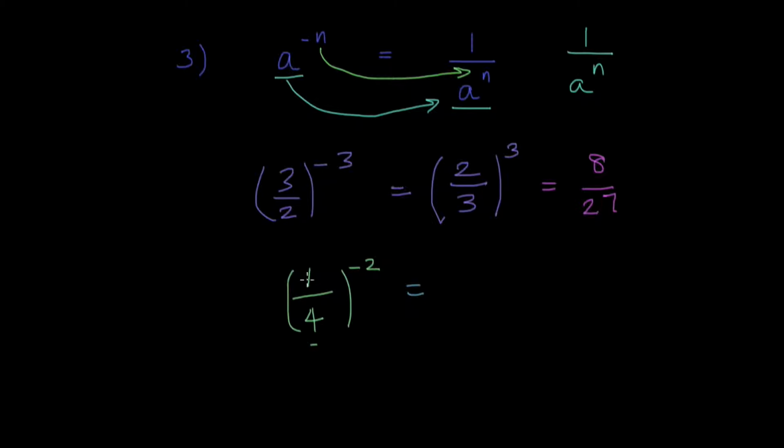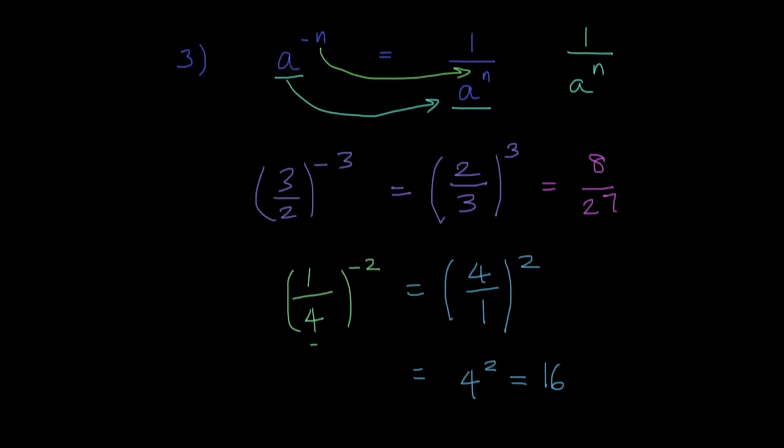All you do is you switch it again. You go 4 over 1 raised to the second. Sorry, I'll write that neatly. 4 over 1 raised to the second power. And when you have 1 in the denominator, you don't really have to write that. So this just becomes 4 to the second power, which gives us 16.